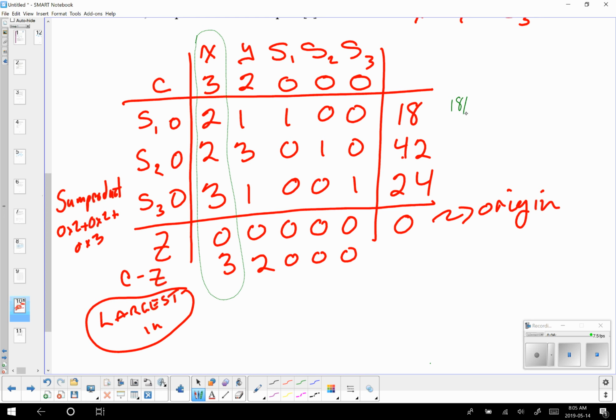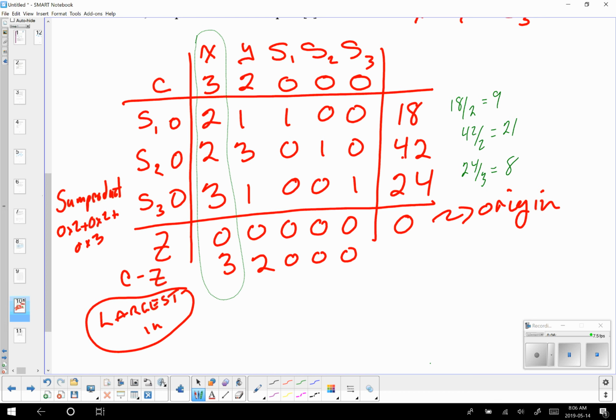So this is 18 over 2, 42 over 2, and 24 over 3. Notice that I'm writing them on the edge and in a different color because the tableau has not changed. Those numbers are still 18, 42, and 24.